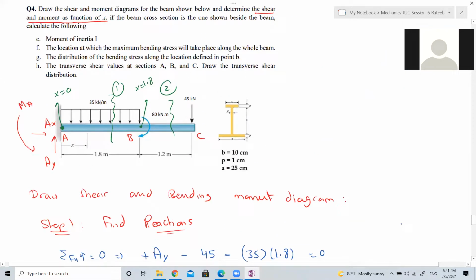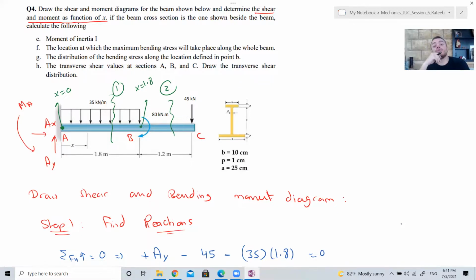Now I still have one more cut to do, which is BC, cut number 2.